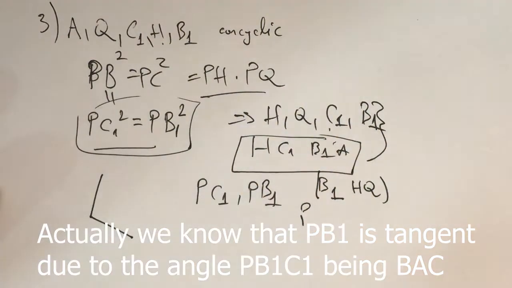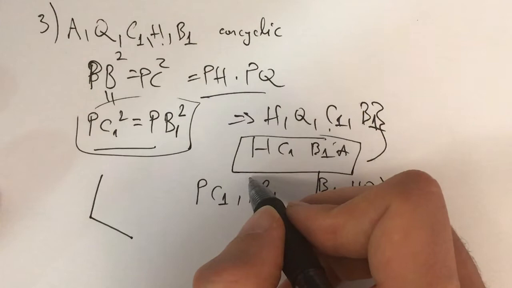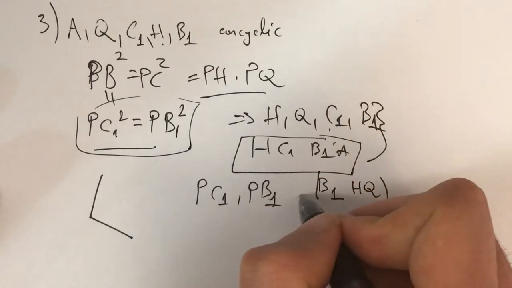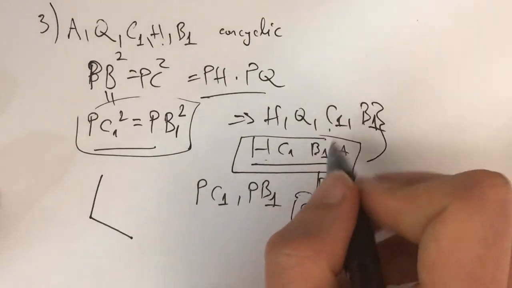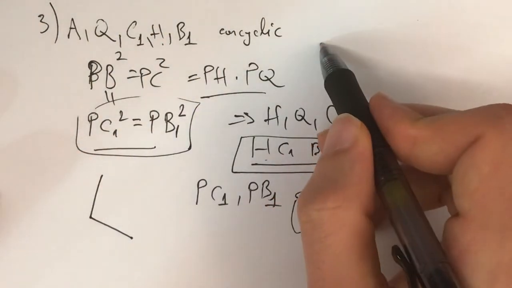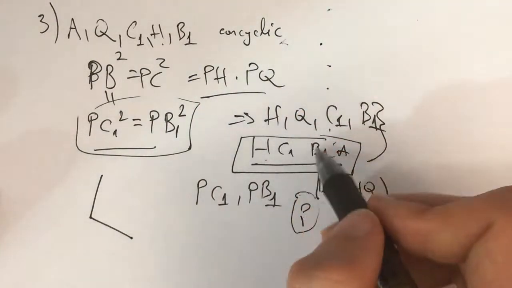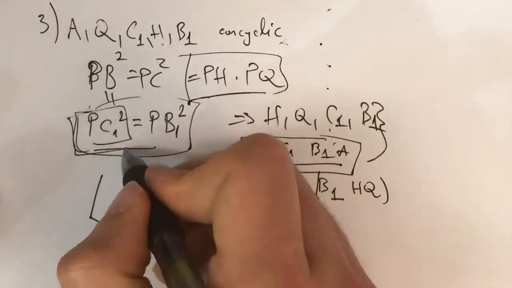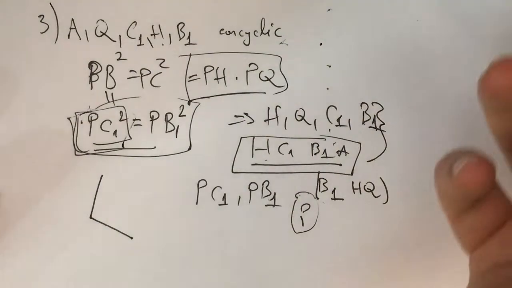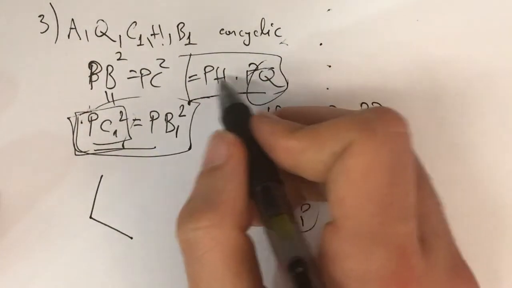So what that implies is, actually, we know that these four lie on a circle just because both angles HC1A and HB1A are 90. And now we use this fact, and the reason we can use this is because this is the power of P with respect to this circle, so we know that Q is also on it.